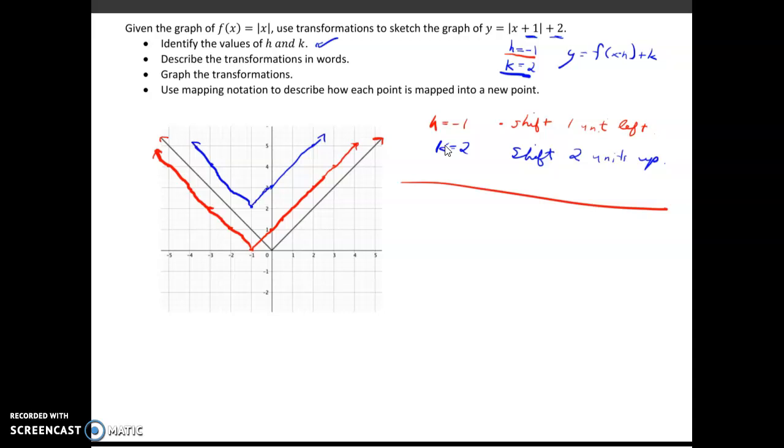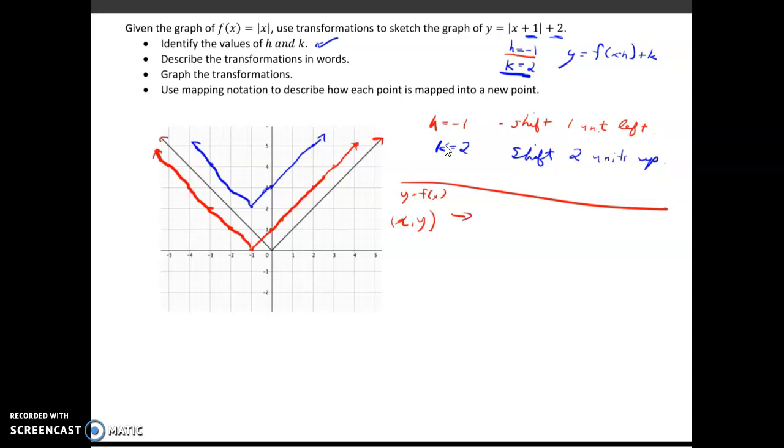Please use a ruler. Anyways, now I'm going to use mapping notation. Really, mapping notation tells us, how did this graph change? Well, this graph started off with point (x, y), and that was on f of x. So you may want to write y is equal to f of x. Maybe I should have put that in black.